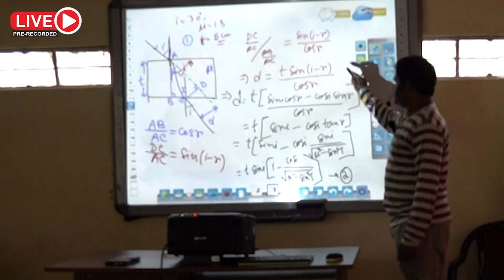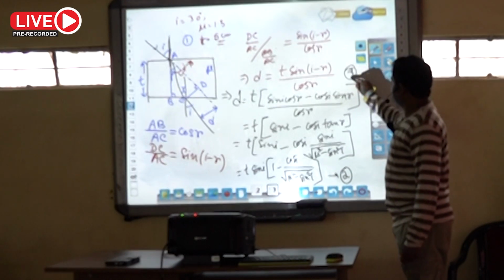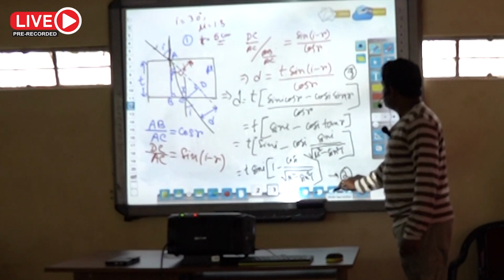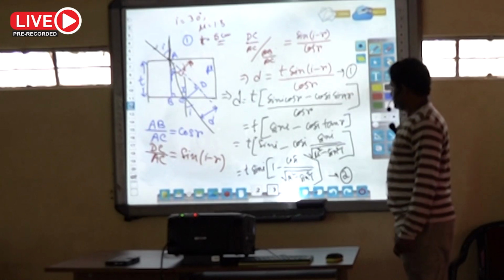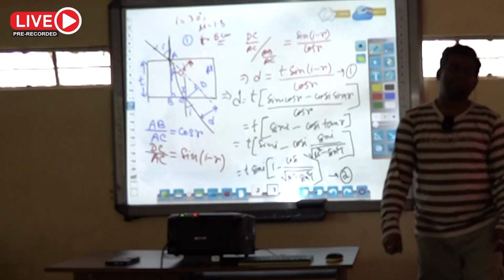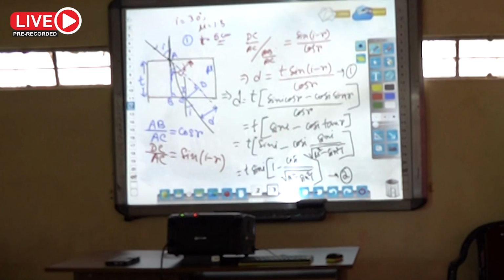You have to remember this step. This is 1. This final step, t sin I into 1 minus cos I divided by root over of mu square minus sin square I. Such that if mu is given instead of r, you can directly apply this formula and solve the problem.